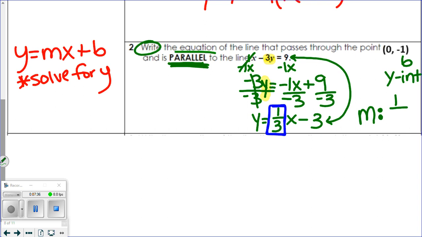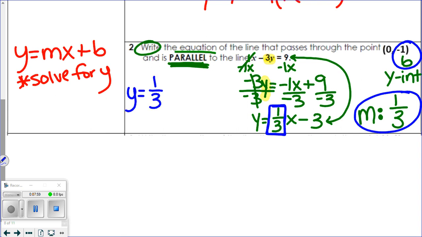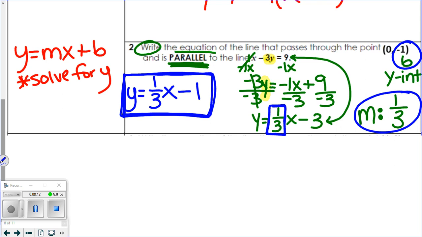So this would also be 1/3. So now I have my b value and I have my m value. I have my slope and my y-intercept, so I'm going to write it in slope-intercept form. Okay, so the answer is y equals m, or slope, which is 1/3, x plus b, my y-intercept, which is -1. And box this in because this is our final answer here.